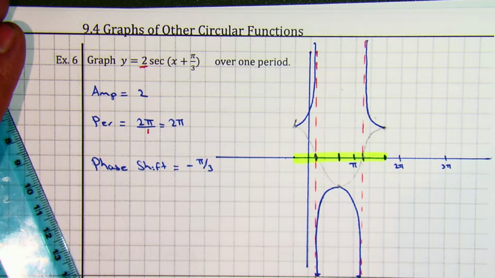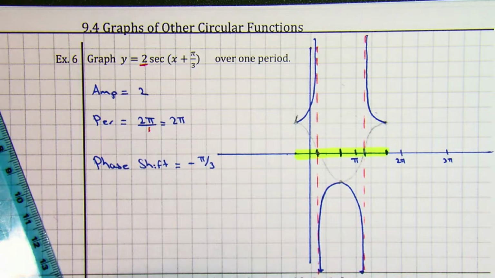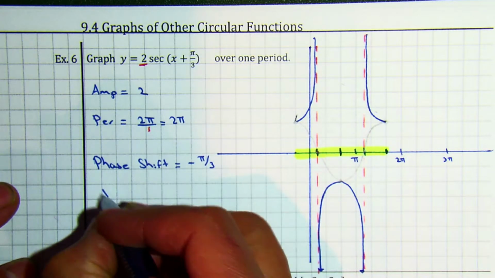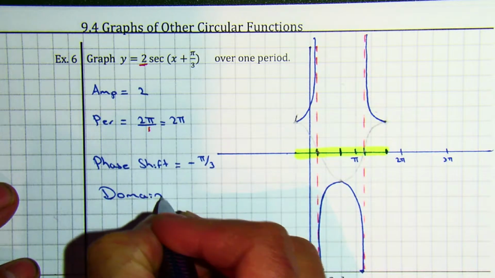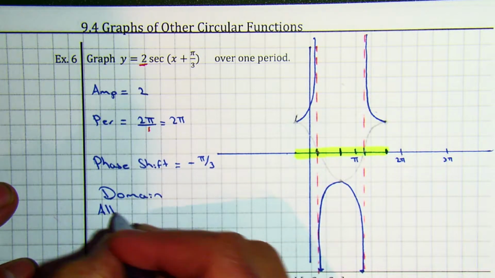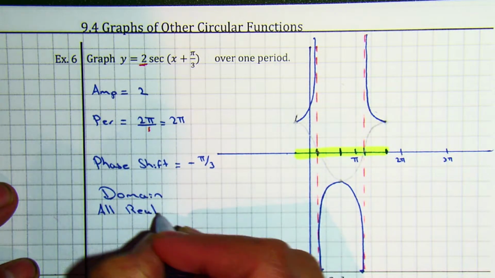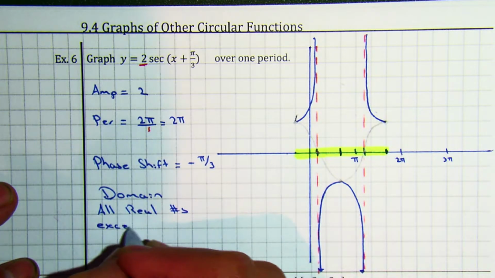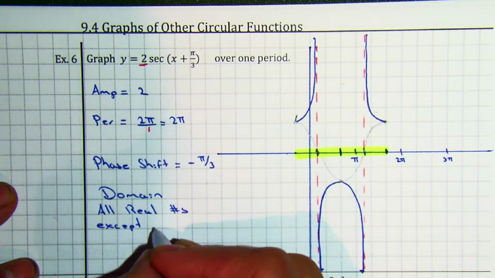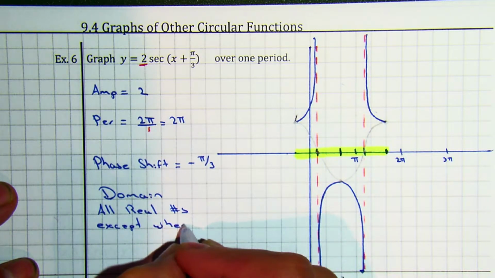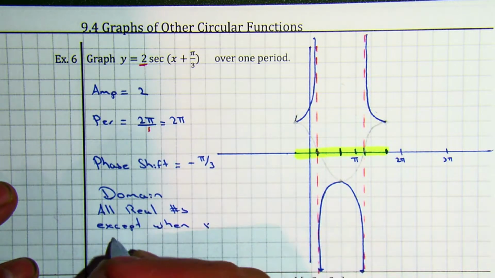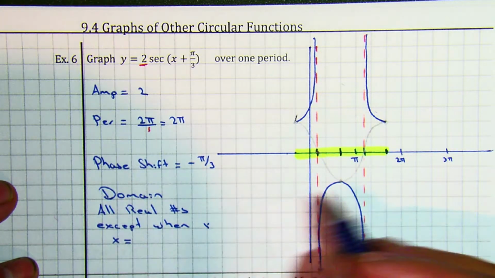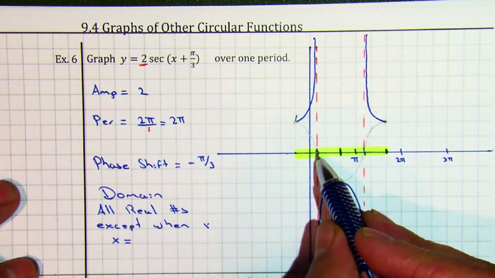Now let's go and write down your domain and range. Your domain will be all real numbers, except when x is equal to. So where is this asymptote?